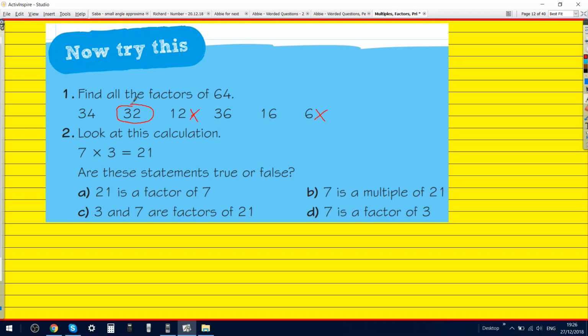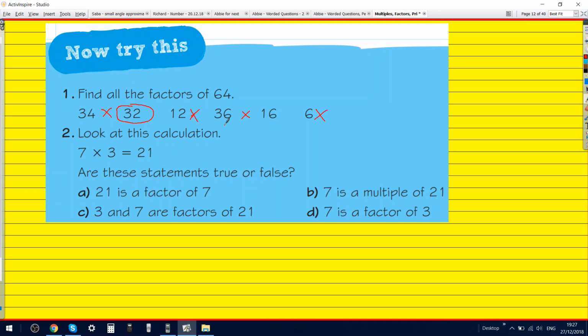I think 34 isn't. So that's not one. And then we just have two numbers left, 36 and 16. I don't think 64 is in the 36 times table.